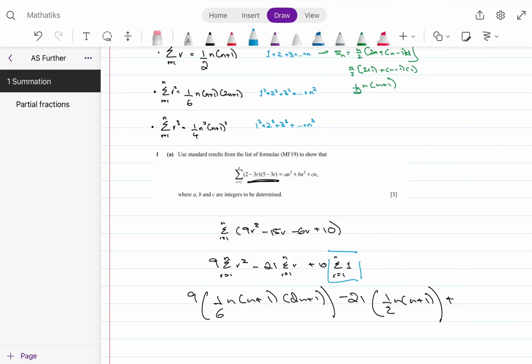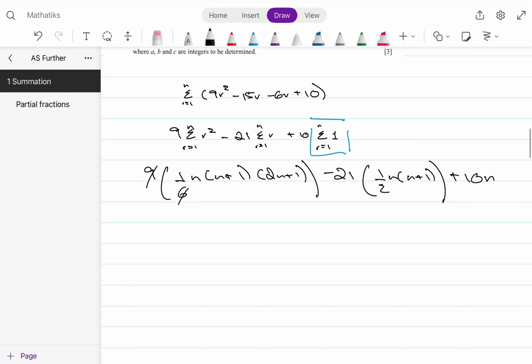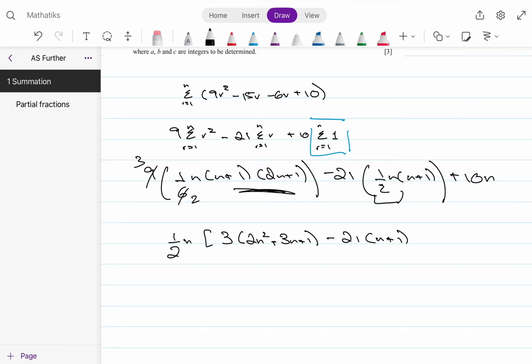You have to remember this is n, like we had gone over earlier, so this becomes 10n. Now we'll take 1 upon 2n common, so we get 1 upon 2n. We expand this, which gives us 2n squared plus 3n plus 1 minus 21n plus 1 plus 20.